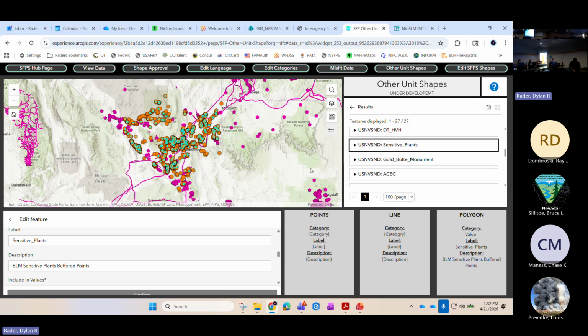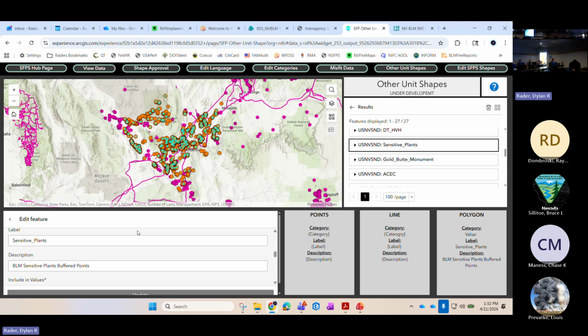And these do get pulled into WFDSS as well. So there isn't as much room to edit the text in Spatial Fire Planning Service, but there is still room to edit the text. Earlier, I was talking about the CVAR, or the Critical Value at Risk National Feature Service that they're starting to push now too.